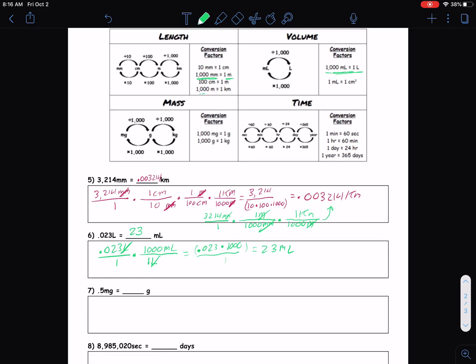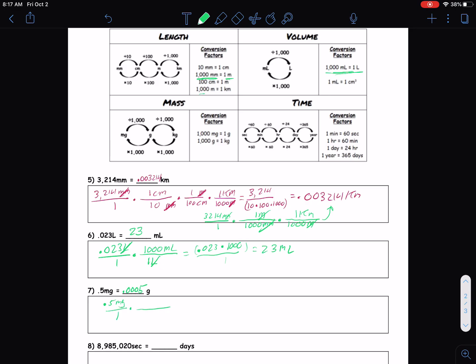Solve number 7 now. The correct answer for number 7 would come out to be 0.0005 grams. Did you get that answer by taking 0.5 milligrams, set it over 1.